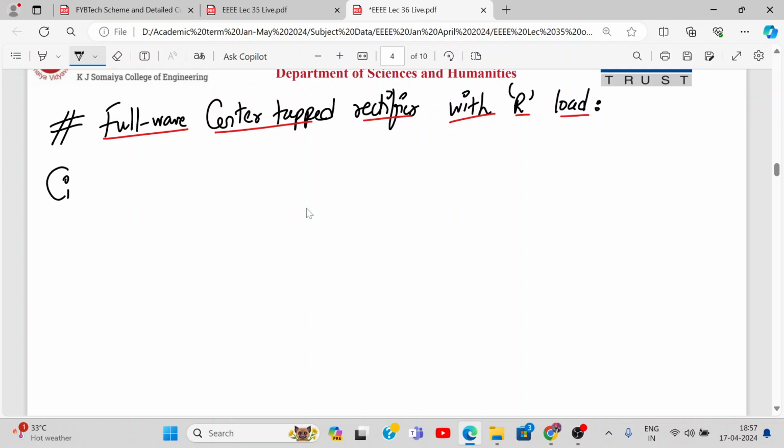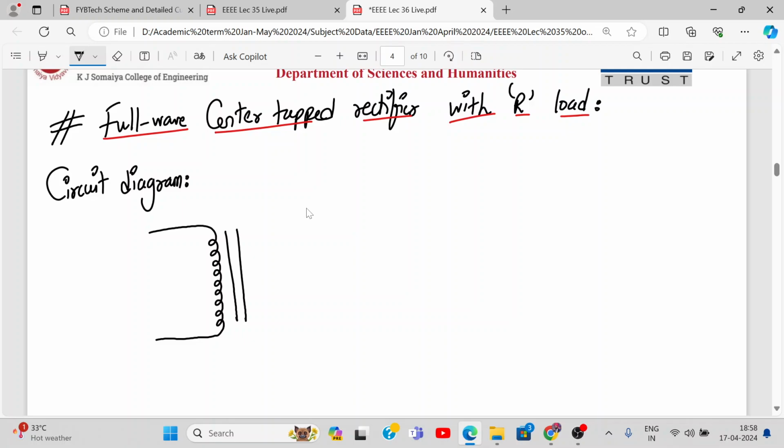So first is circuit diagram. So please draw the circuit diagram. Here we'll draw a little bigger. These are primary windings, and then I'll draw the secondary windings.